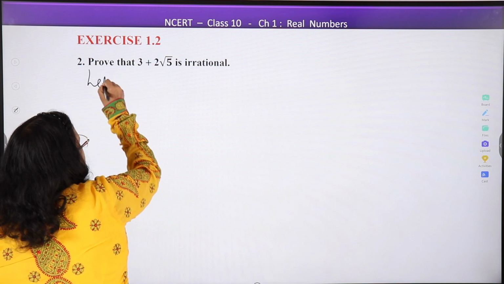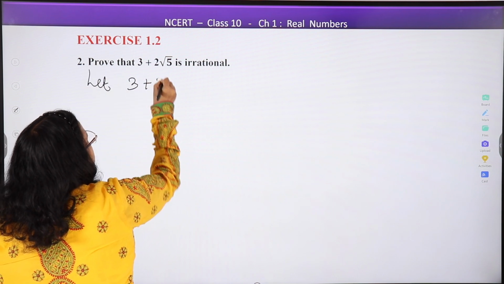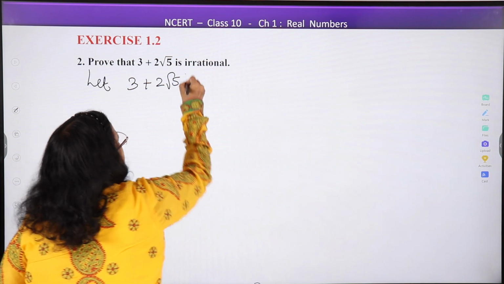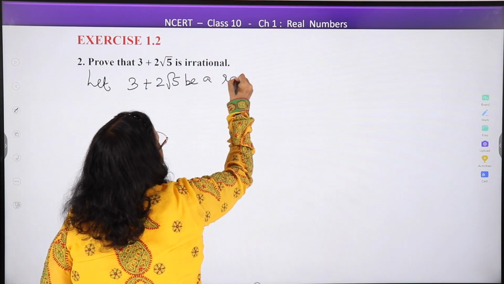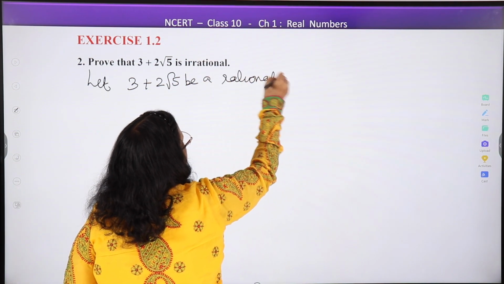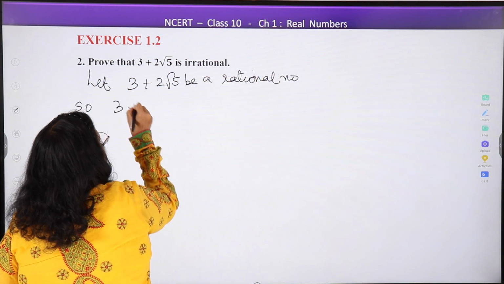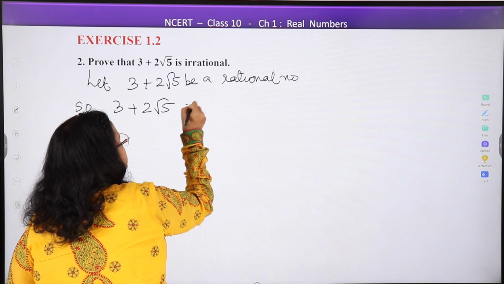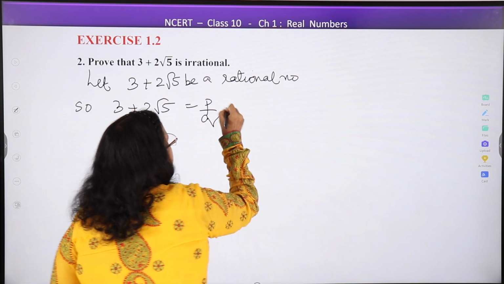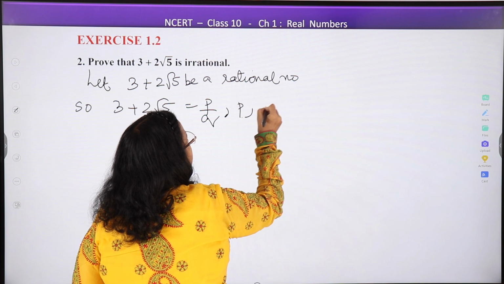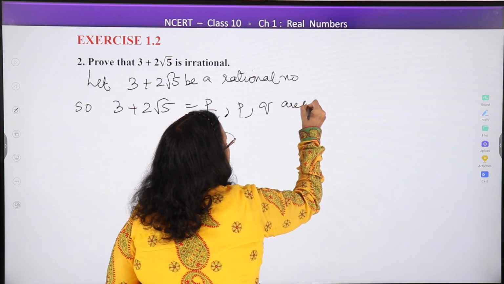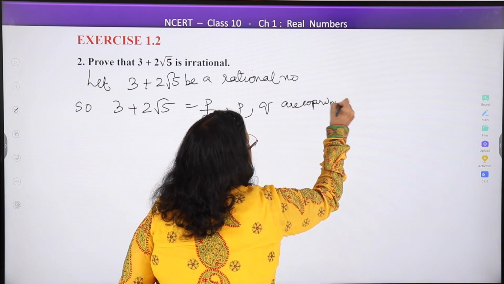Let 3 plus 2 root 5 be a rational number. So 3 plus 2 root 5 is equal to p by q, where p, q are co-primes.